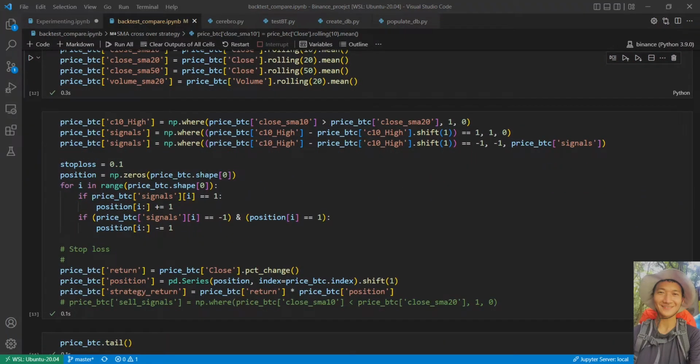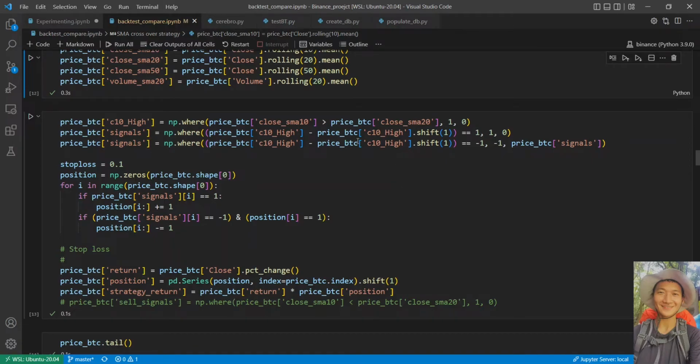And after generating the two line values, I will compare them. If the fast line is greater than the slow one, I store the value 1, and if it's not, I store 0 for that day. Then I shift the binary value by 1 day.